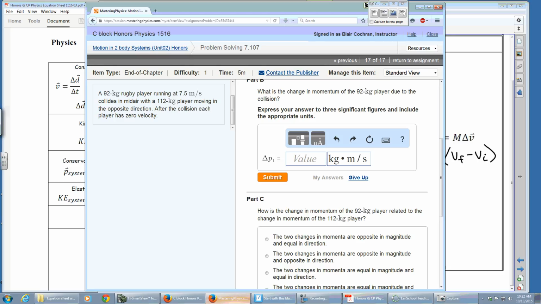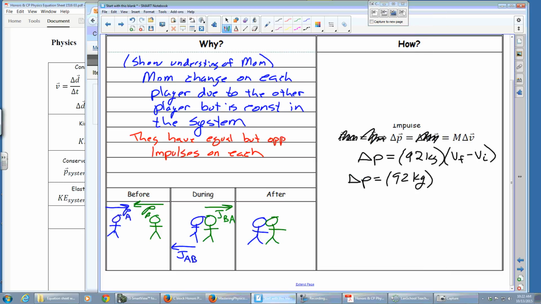Nope. I asked and people said, we know how to find their momentum. So I put in the inertia, and then the V final is 0 meters per second.